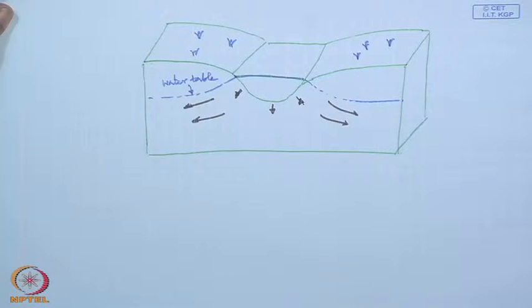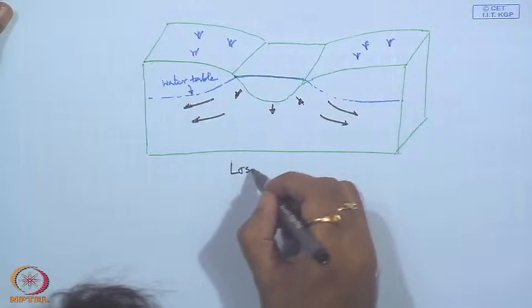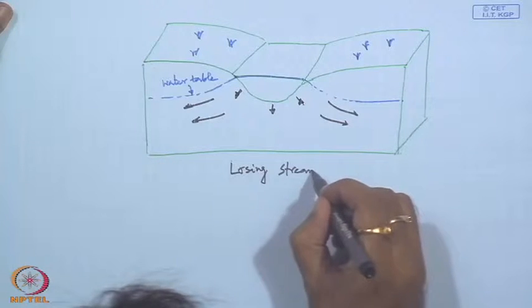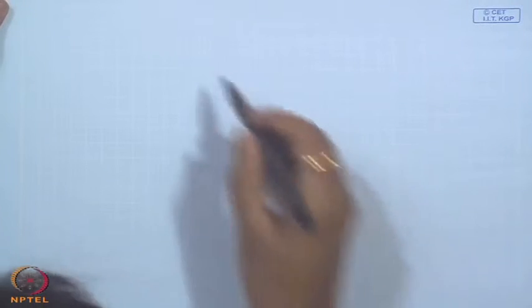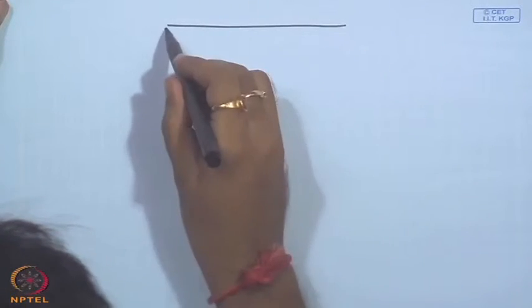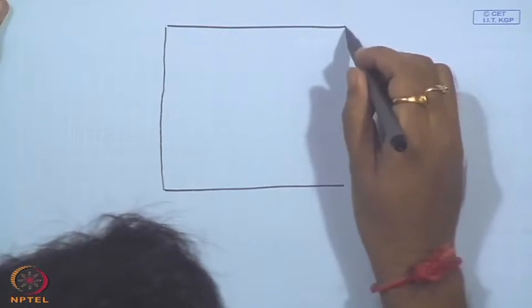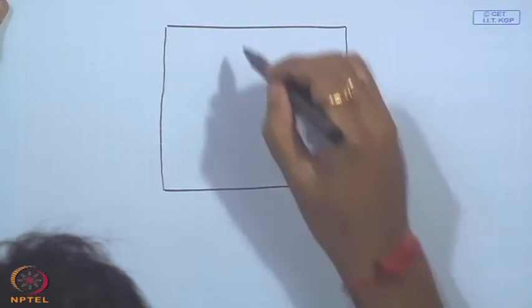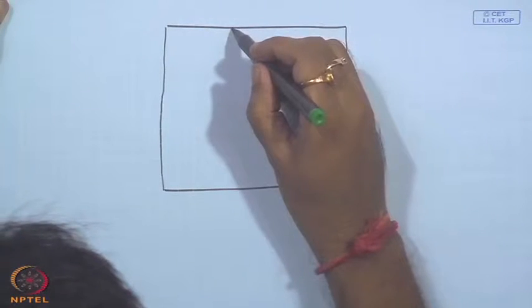So, we can say that this is our losing stream. Like the gaining stream, if we draw the contour levels, we will see the opposite thing compared to our gaining stream.